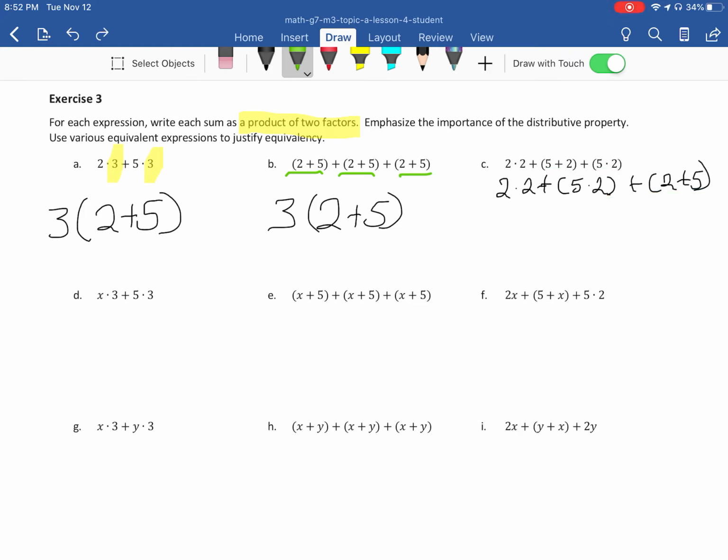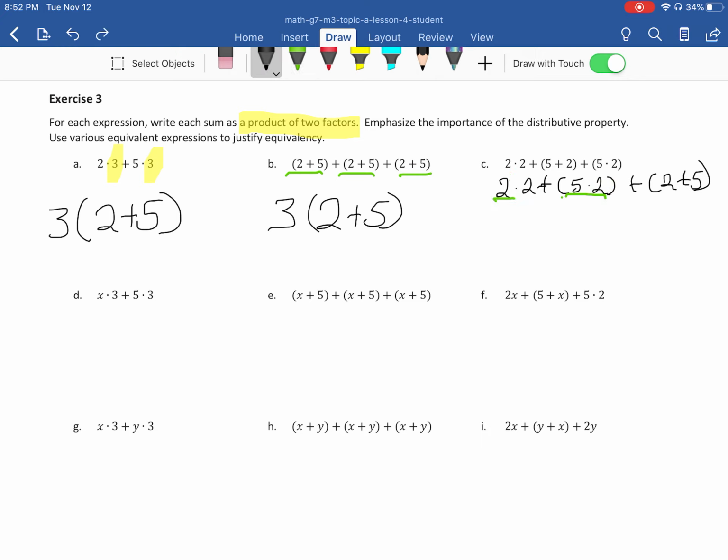Next, this 5 times 2, it's in parentheses, so we need to do that first. But we also have a times 2 here as well. So if I take out this 2, it can also be represented by this same 2.